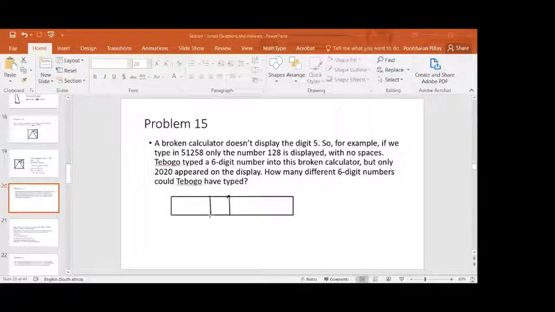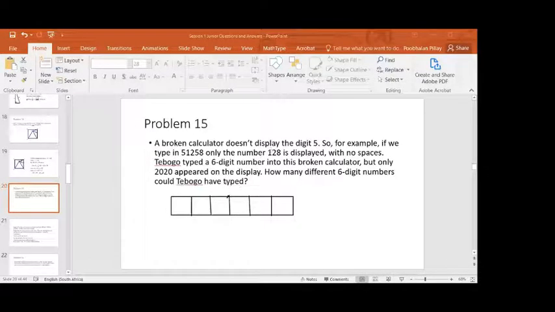So 3 on this side, and 3 on this side. All right. Now, this is the 6-digit number he typed.